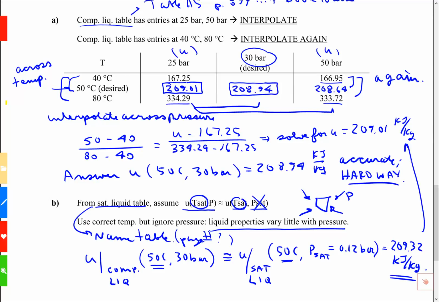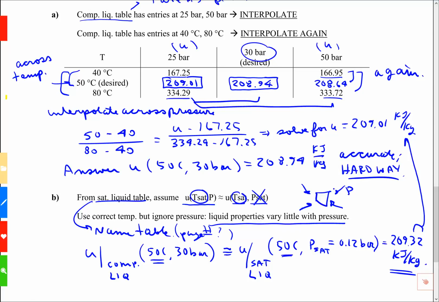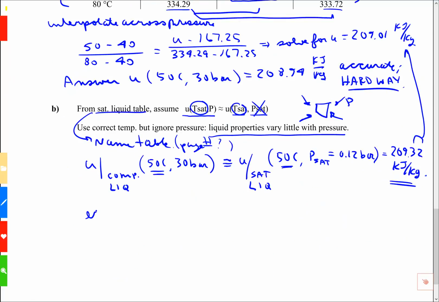How close is it? Well, what's the error? Let's talk about that. The error, let's see, the good value is 208. Well, I want to take this one's bigger, 209.32. I'm going to subtract off the good one, 208.94. When I do that, I get 0.38.